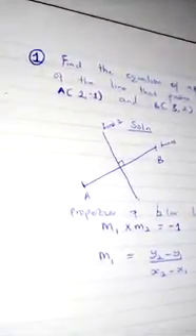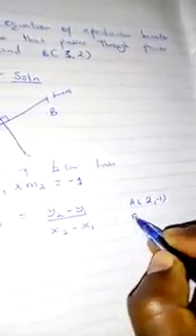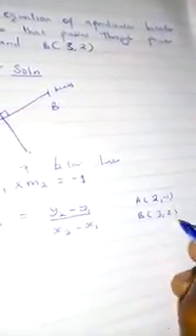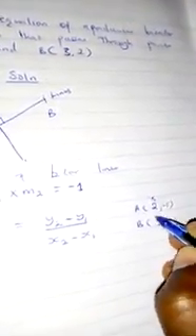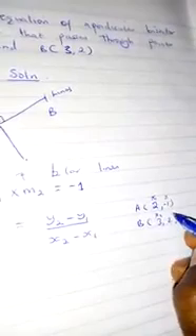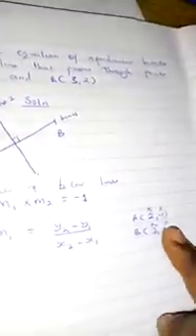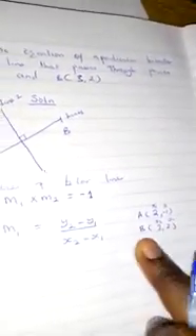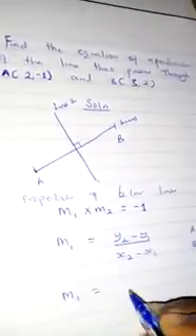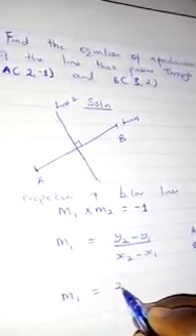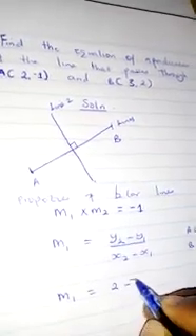In this case, we have our point A(2, -1) and then B(3, 2). We just name them X1, Y1, X2, Y2. Then we substitute them here. M1 is equal to Y2, which is 2, minus -1.